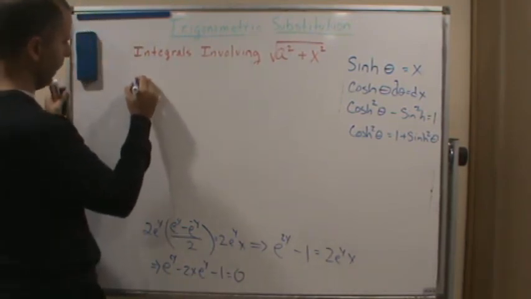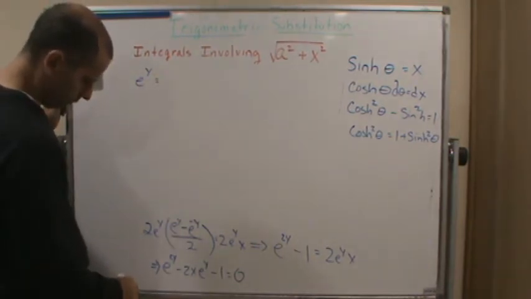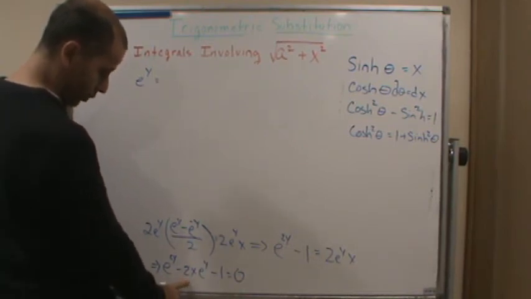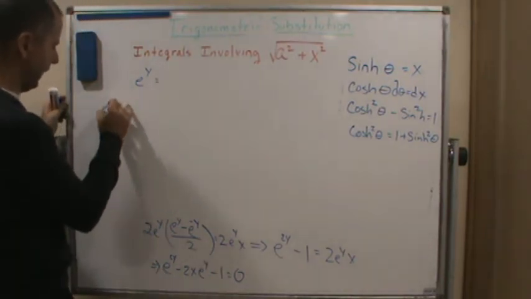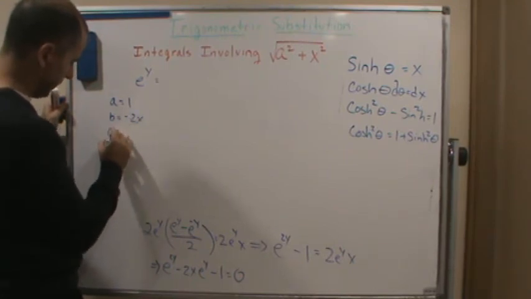I get e to the y is equal to, my a is 1, my b is negative 2x, and my c is negative 1.